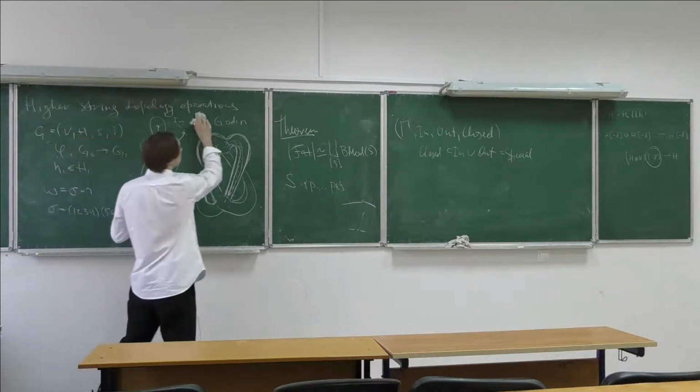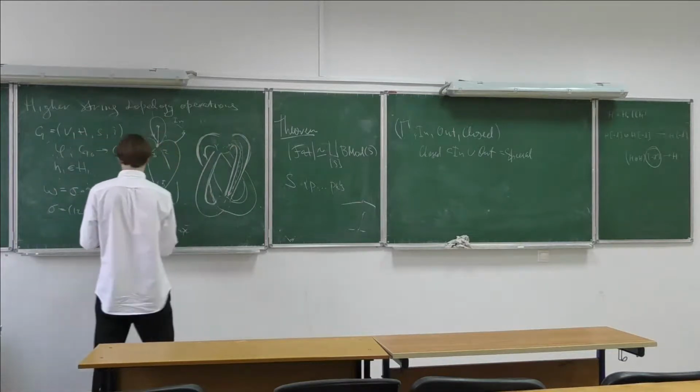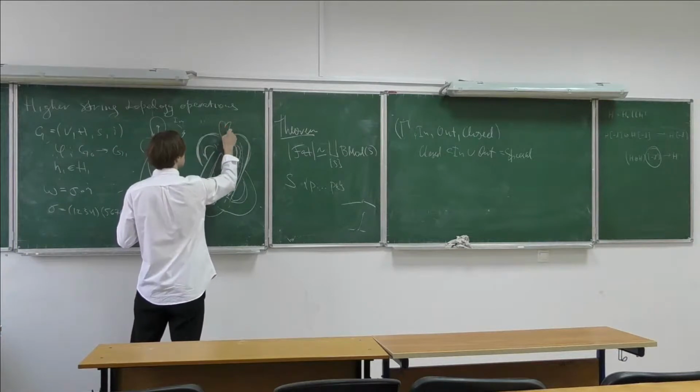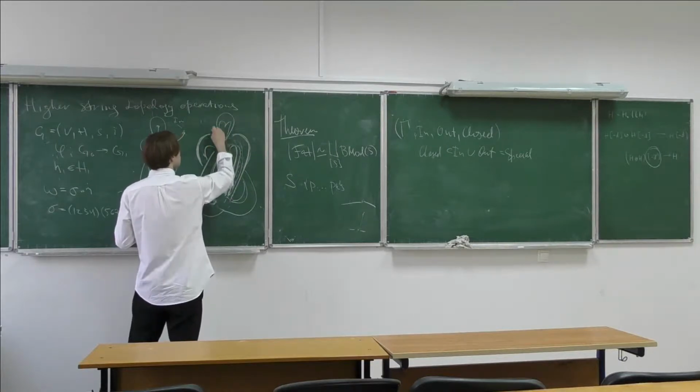So then we will get a picture that looks something like this. So we'll have a component here, and we'll have a ribbon which goes around it.